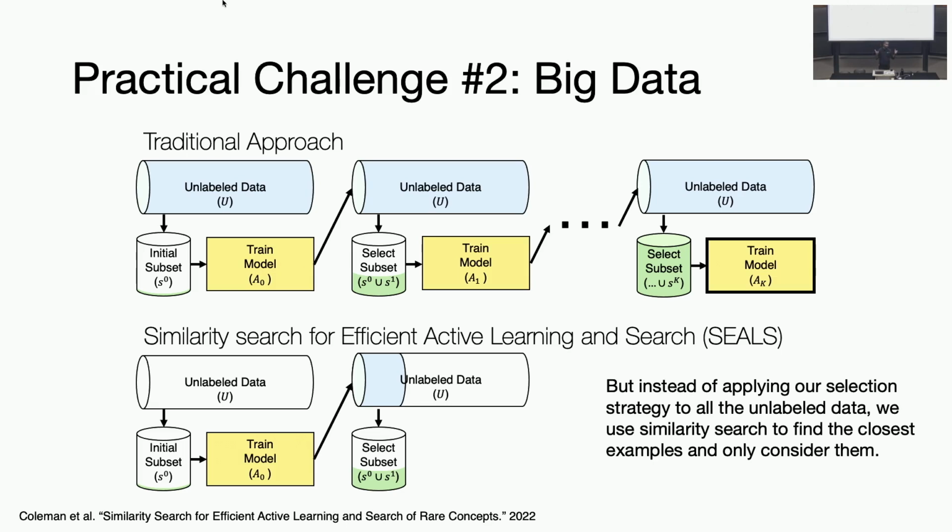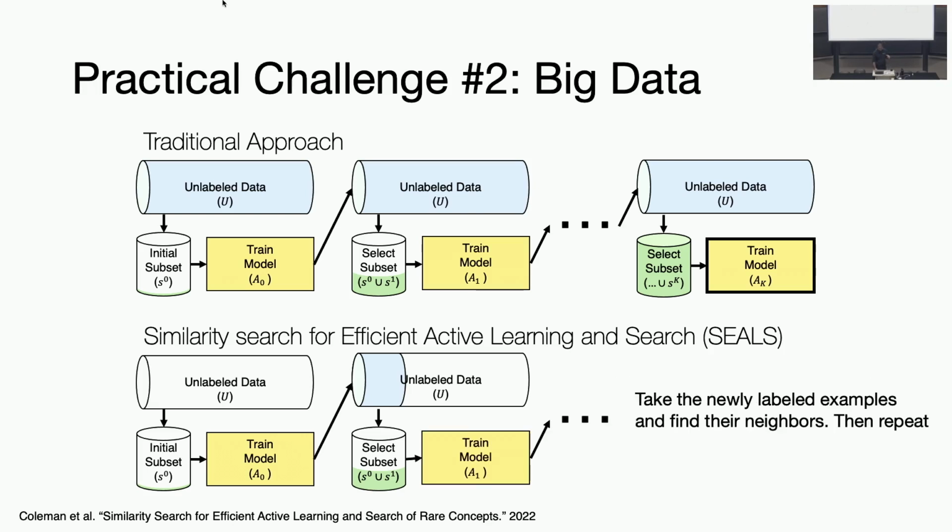We can take those unlabeled examples that are closest and have that as a neighborhood around those examples. This is a much smaller amount of data, and we can keep iterating this process. As we label new examples, we find their nearest neighbors in the unlabeled pool, update our pool at every step of the way, and keep repeating this process.